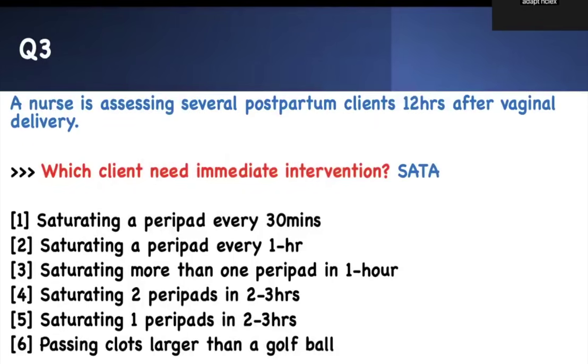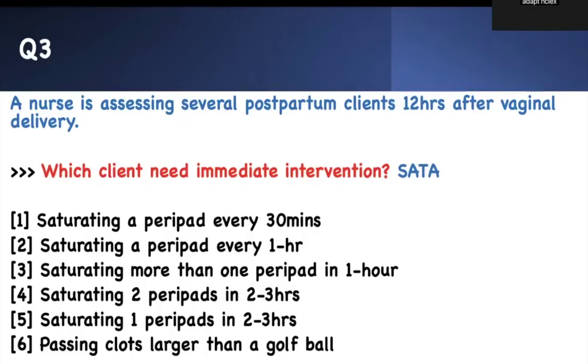A nurse is assessing several postpartum clients 12 hours after vaginal delivery. They just delivered, 12 hours. Which client needs immediate intervention? This also is based on a concept about what you look for when they are postpartum. It's talking about bleeding, postpartum hemorrhage, which is associated with what we call lochia.